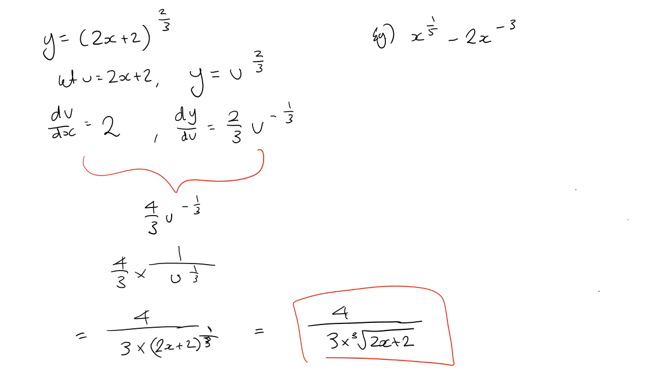So if we find the derivative of x to the power of 1/5, that will be 1/5 x to the power of negative 4 on 5. Then minus 2 times negative 3x to the power of negative 4. Just simplify that a little bit.